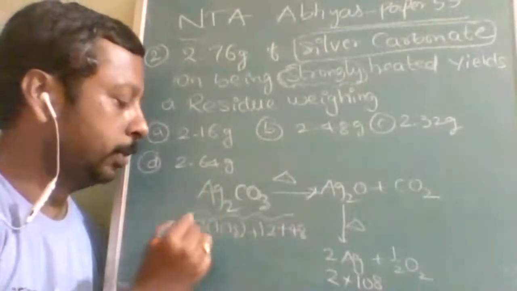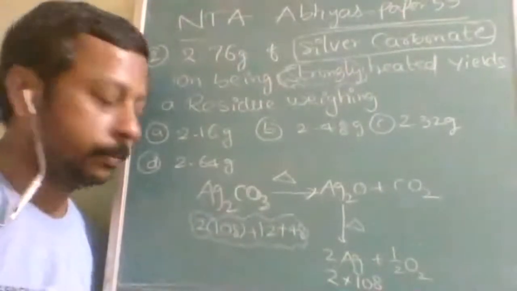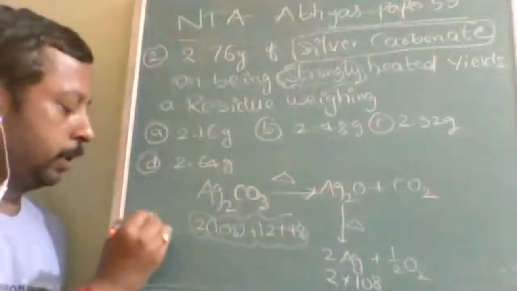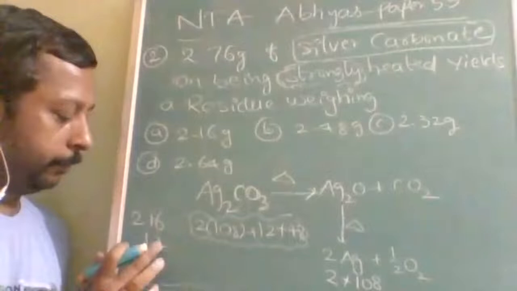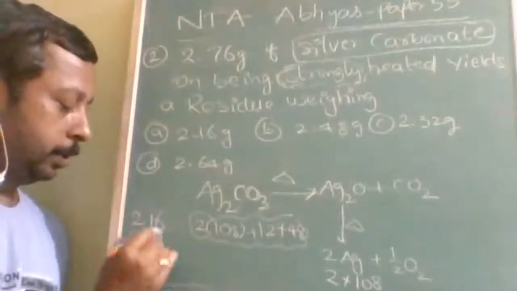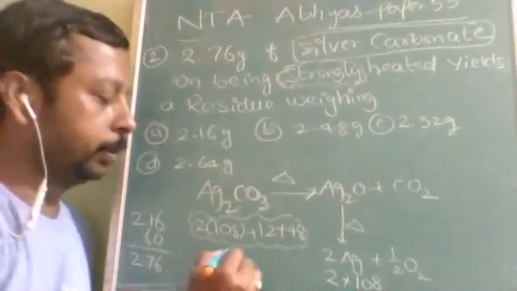So how much mass will you get? 216 plus 12 plus 48, which gives 276.